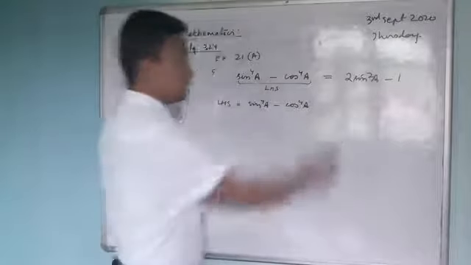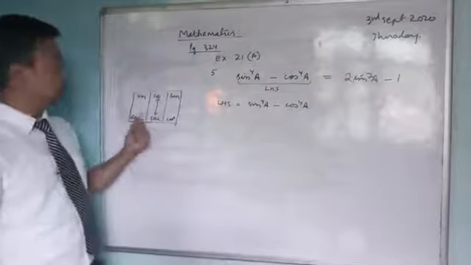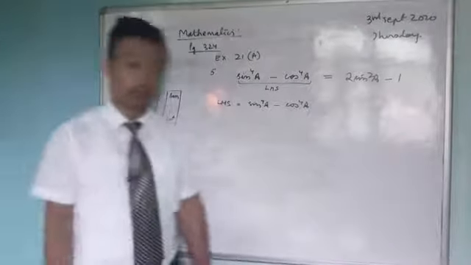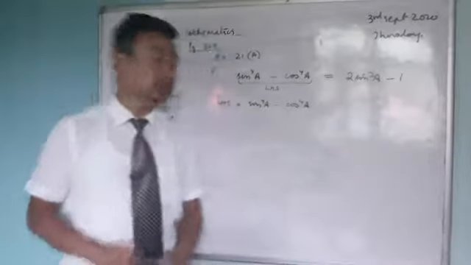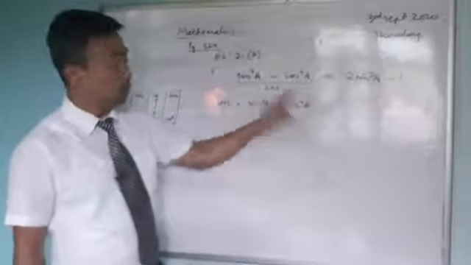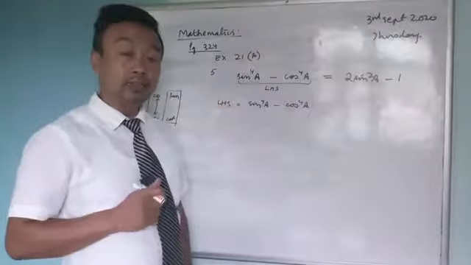Now since we have sine square A, there is no question of changing sine into cosec or cos into sec, because we don't require cosec nor do we require the sec theta. Now here the power 4 is there. So here we need to understand the algebraic formula.